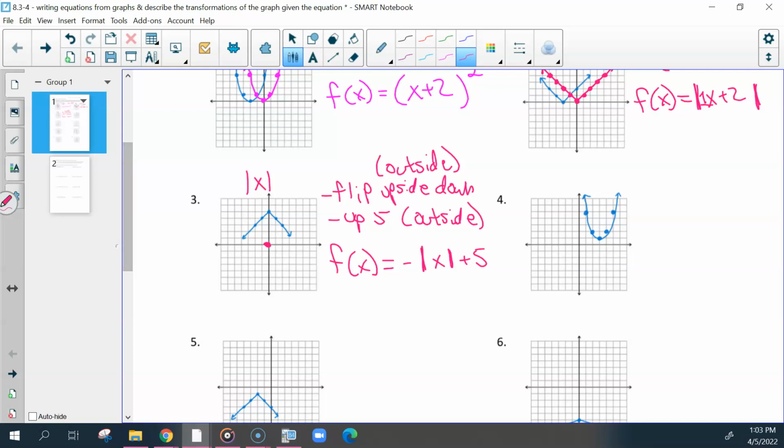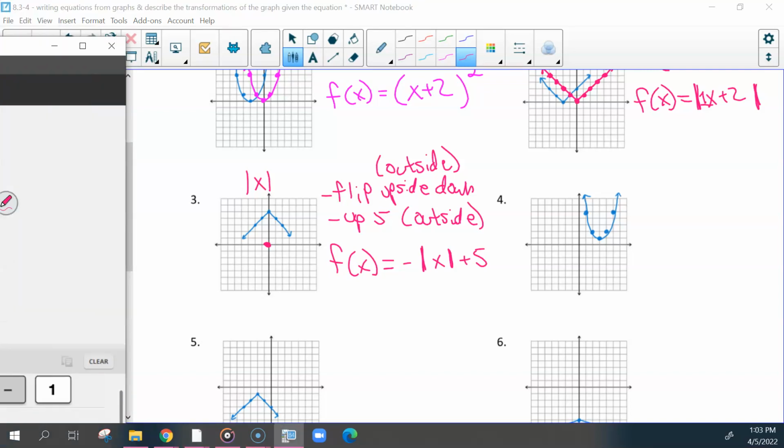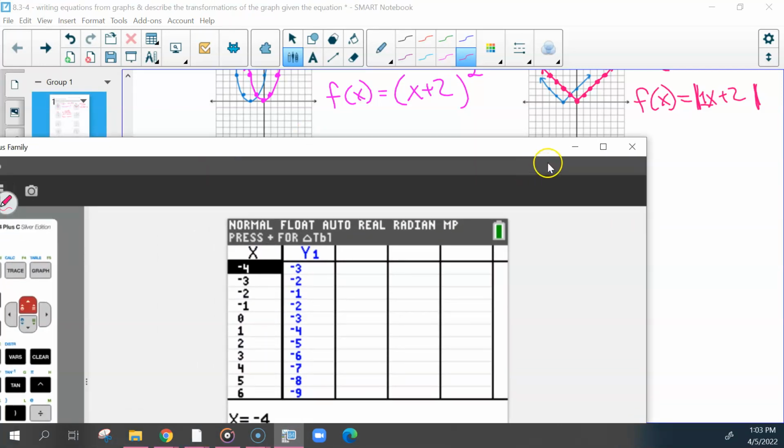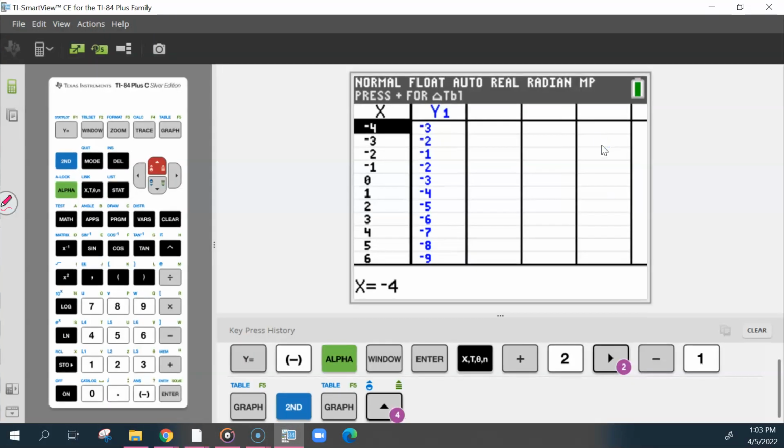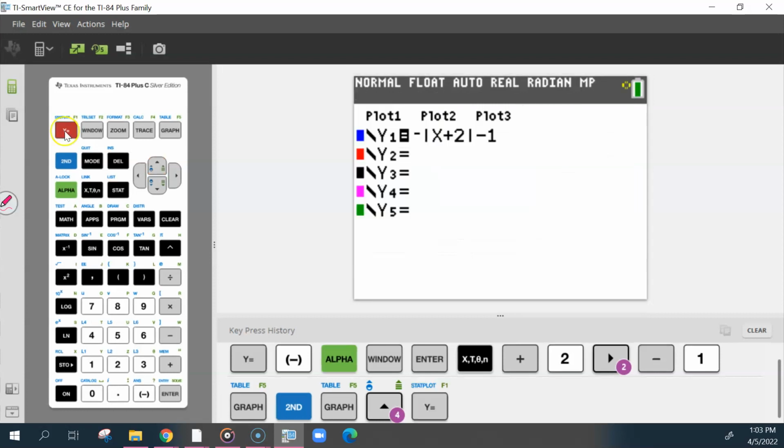And then let's say that looks right, but you're not 100% sure, so you want to check it. I'm going to cover this up for 1 second.